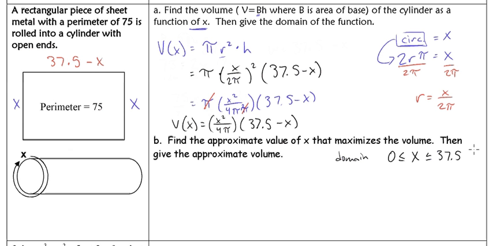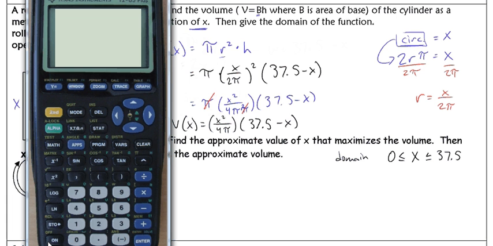All right, so now let's hit the calculator here. And let's graph this. So there's our previous graph. We'll clear that one off. And we're going to have v of x, or y, equal to x squared divided by 4 pi.